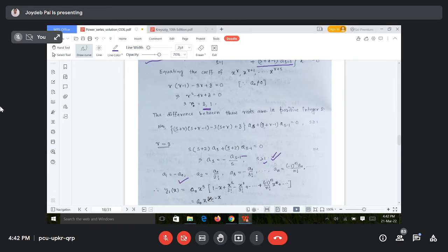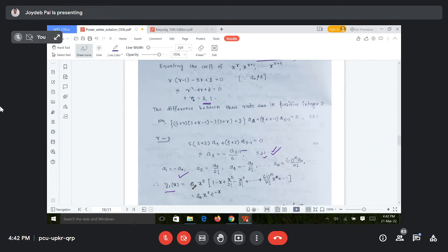Therefore I can write y1(x), it is x to the power r, so x to the power 3, then a0 plus a1 x plus a2 x square plus a3 x cube and so on. So you substitute these parameters. a1 को सब्स्टिट्यूट करो, a2 को सब्स्टिट्यूट करो, a3 को सब्स्टिट्यूट करो, तो ऐसे मिलेगा, right?